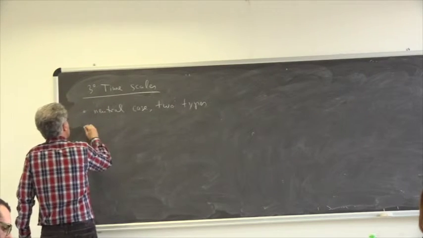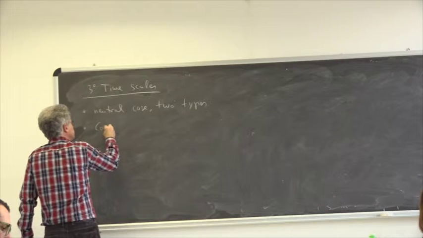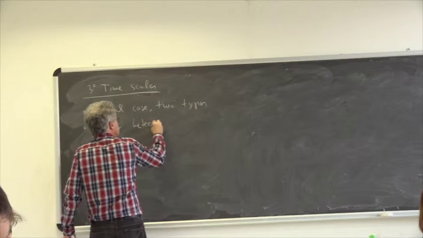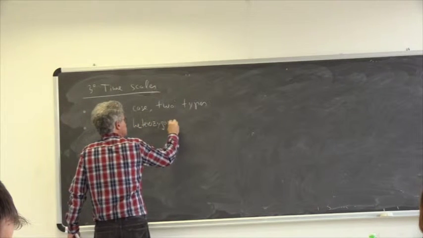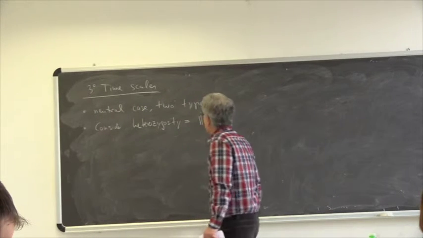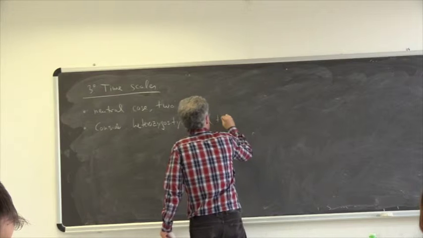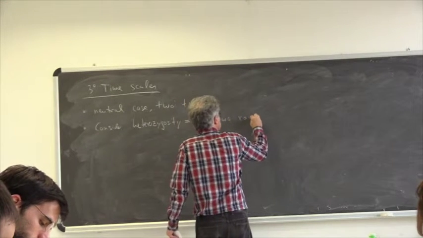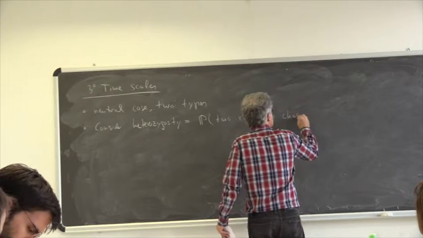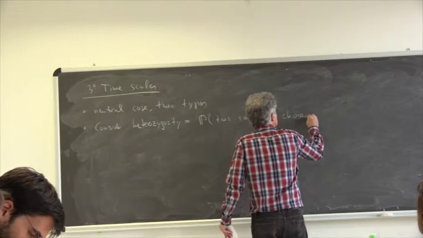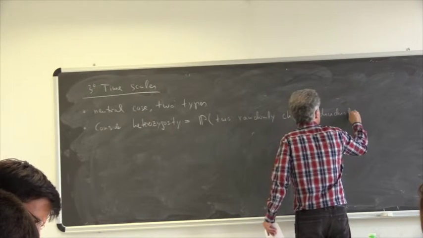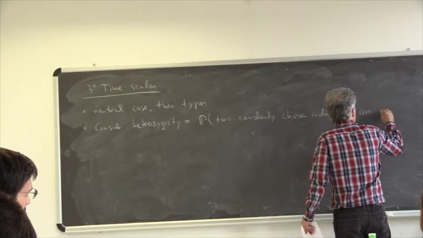Okay? So we consider the heterozygosity. So this is a probability that two randomly chosen individuals are of different type.